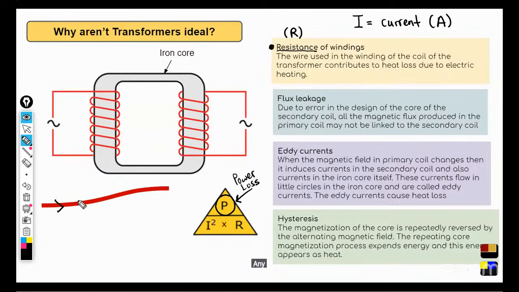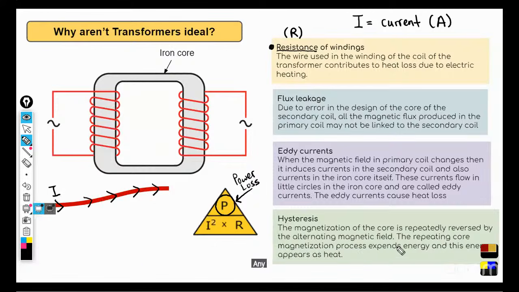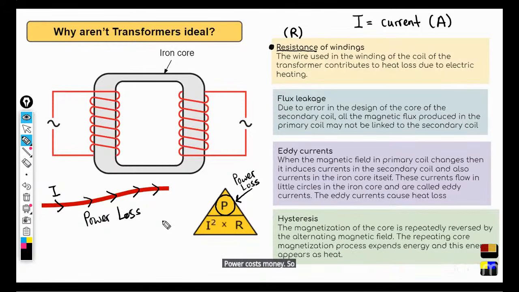Anytime you have a piece of wire and current is flowing through it, I put an I for current, right? Anytime current is flowing through a wire, you have power loss. Power is being lost in the wire. That's bad, eh? Power loss is a bad thing because every time you lose power, that is money. Power costs money. So if you're losing power, you're losing money, plenty of money.